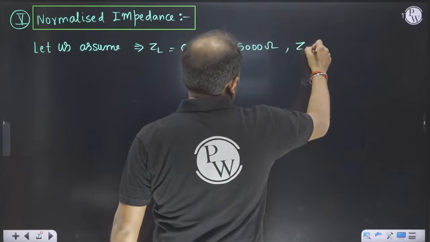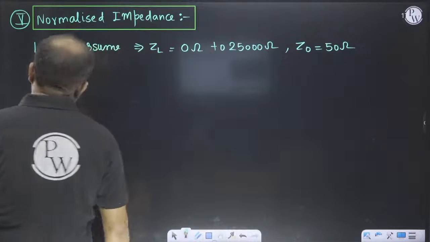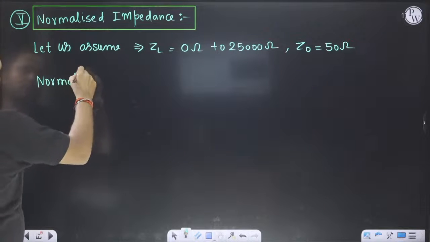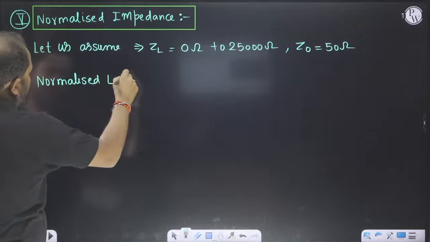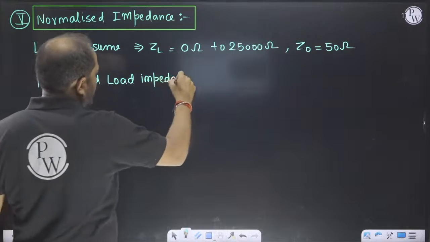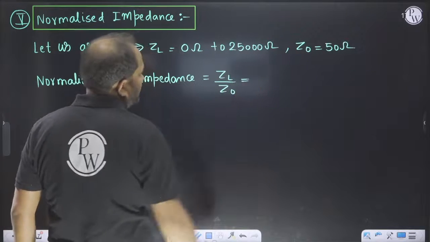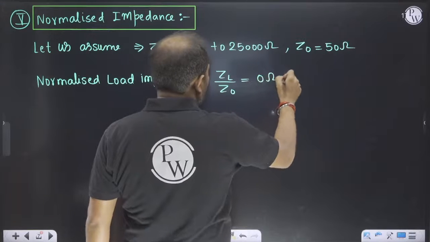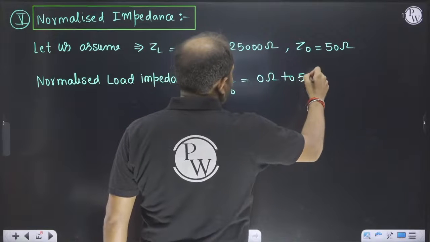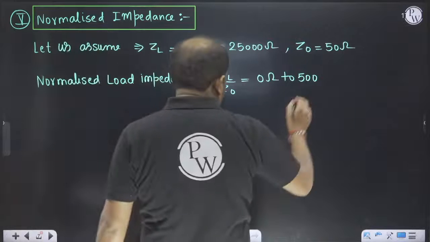And if Z0 is equal to 50 ohm, because the range is very big, I will take the normalized load impedance, ZL upon Z0. In this case, our range will become 0 to 500.